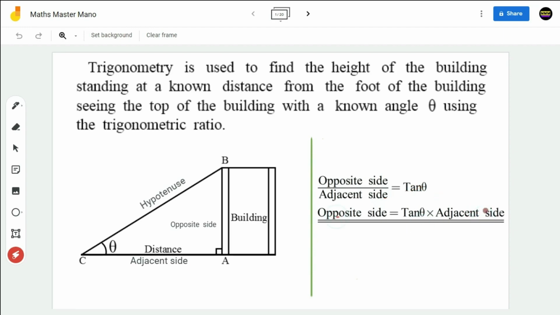In this equation we have to apply the theta value here and this adjacent side distance here. After finding the tan theta value and multiplying the tan theta value by adjacent side, we can get the opposite side, that is height of the building can be found. Hence height of the building can be found by trigonometry.